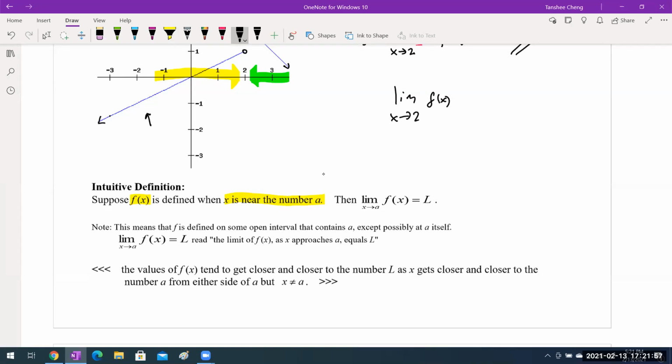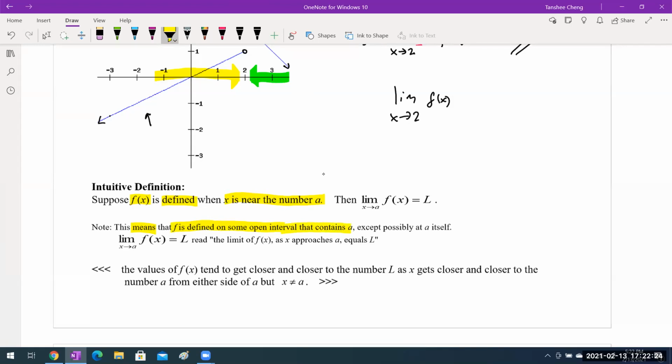Right? So here, this is the interpretation of it, because probably this is the first time that you see this way of writing in mathematics. X is near the number a, right? Defined near a number a. So this basically means what? f is defined on some open interval that contains a, right?